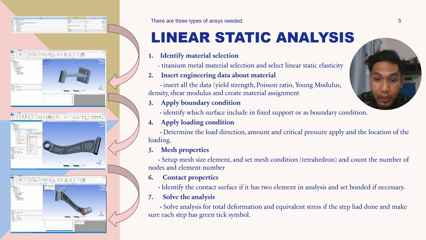And next, after we had done applying boundary conditions for our design, we need to apply the loading condition, which is to determine the load direction, amount, critical pressure applied and the location of the loadings. For example, in our task project, we need to support 300 Newton of load in our design without presenting plastic deformation and fracture when we analyze using ANSYS software.